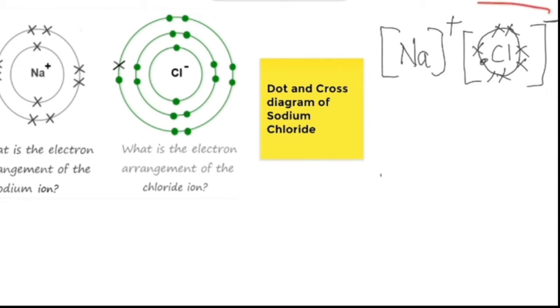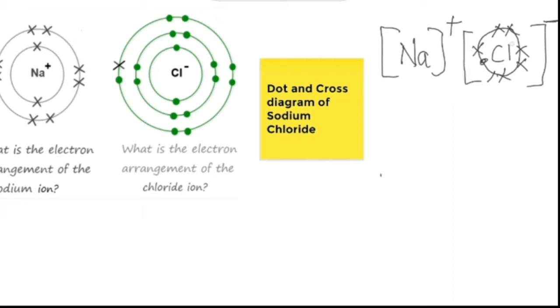It's a very frequently asked question in the theory paper. You should know how to draw the dot and cross diagram of any given ionic compound. So you should draw the positive ion first and then the negative ion. You should draw only the valence shell unless it is asked in the question. You also need to know how to deduce the formula of the compound by looking at the dot and cross diagram.